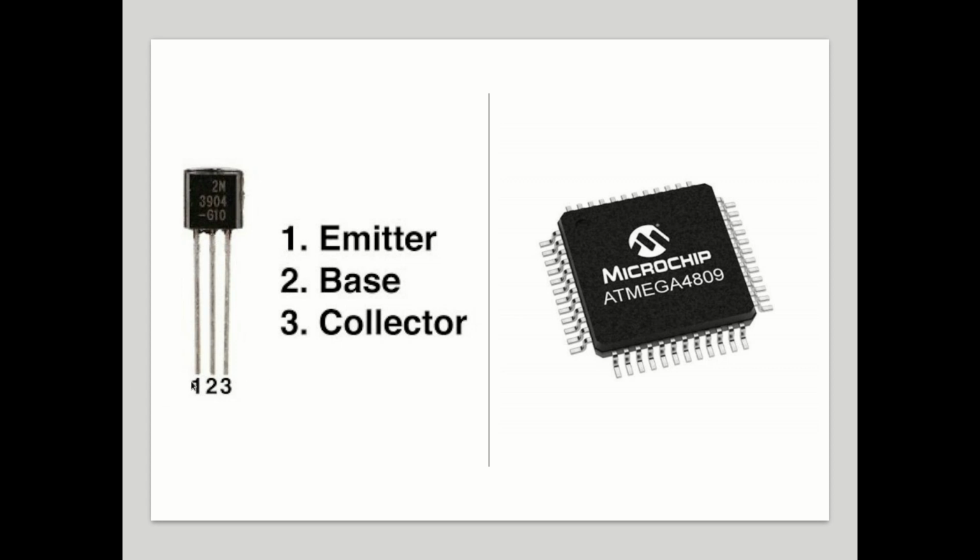So if you put this into a circuit and you connected one wire to the input, the number 1 here, and you connected the other wire to the 3, the collector, then electricity could flow through, provided that you put some electrical charge on the base, on number 2. Now if you remove that electrical charge, then electricity won't be able to flow from 1 to 3 anymore, and that disconnects the circuit.